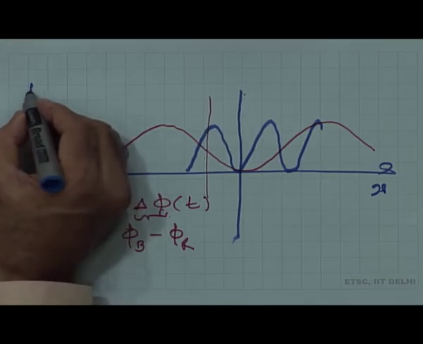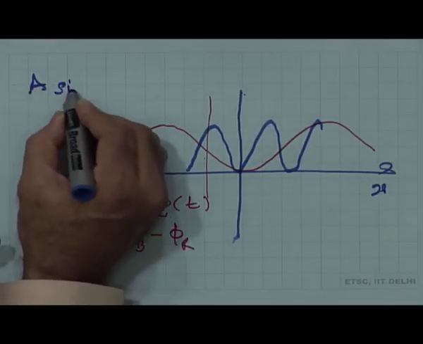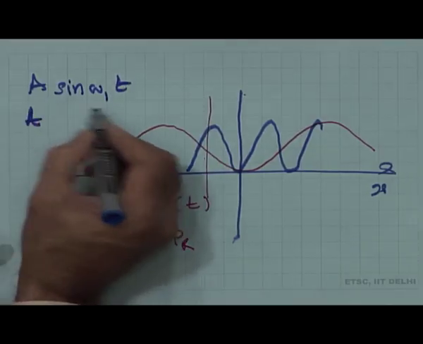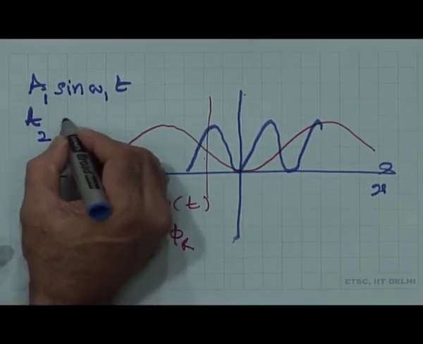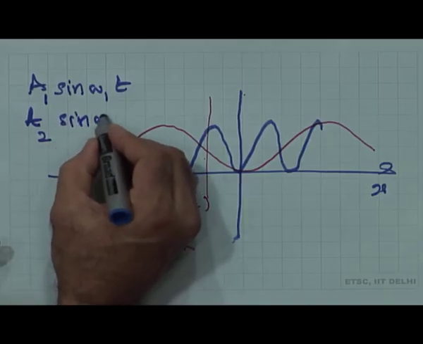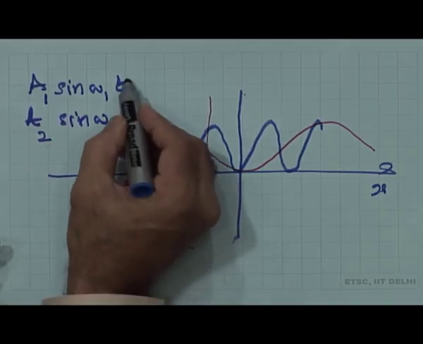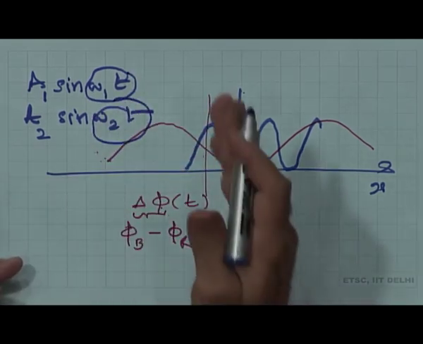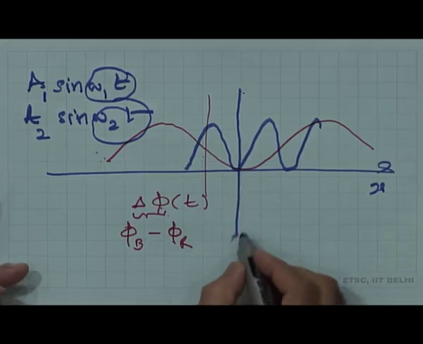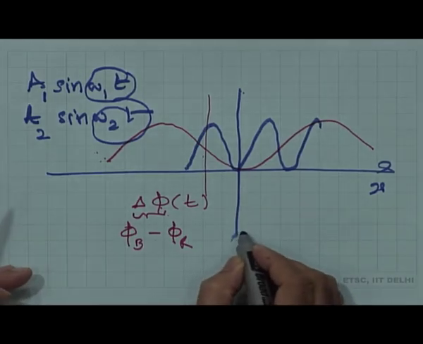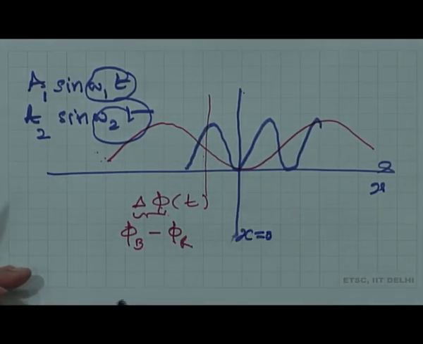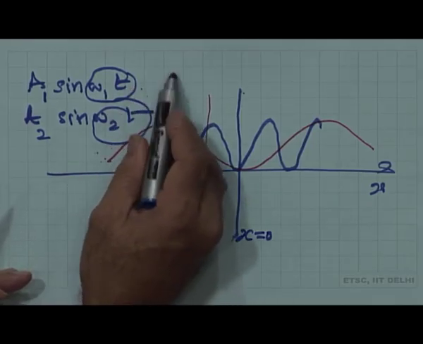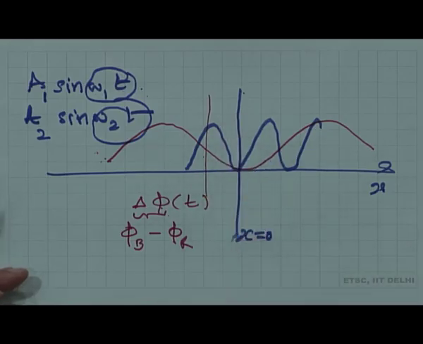We have A1 sin omega 1 t and A2 sin omega 2 t. This is the phase term of the first wave, this is the phase term of the second wave at any given point. Without loss of generality, I can take x equal to 0, and that is why I have not written omega t minus k x, because I am looking at a particular point.